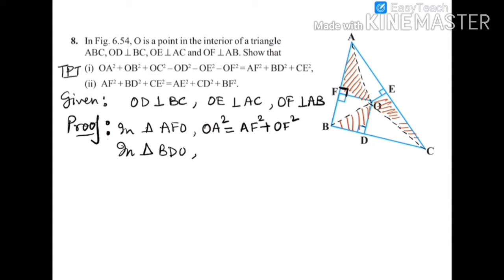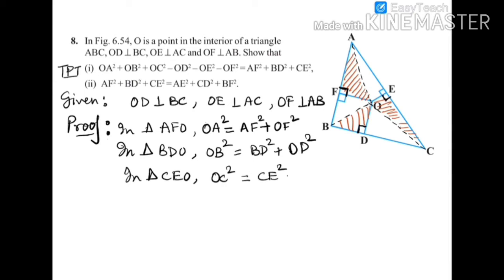The hypotenuse will be the side opposite to the right angle, so BO. So OB square will be equal to BD square plus OD square. Likewise, in the third triangle CEO, the hypotenuse will be opposite to the 90-degree angle, which is OC. So OC square will be equal to CE square plus OE square.